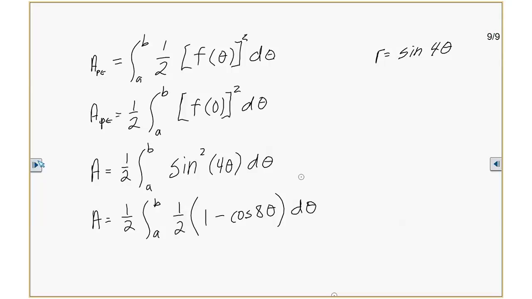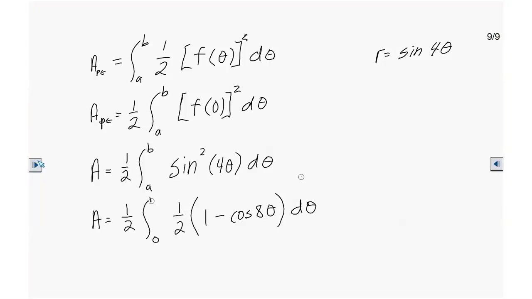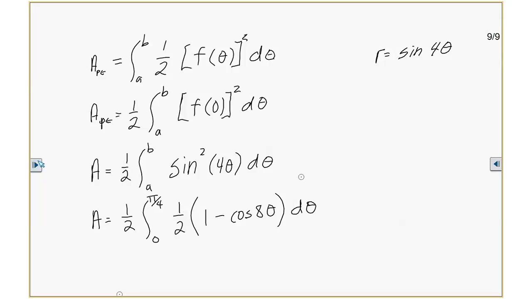And we're going to do this in the first quadrant, or 0 to pi over 4. All right, I'll take the antiderivative of that.